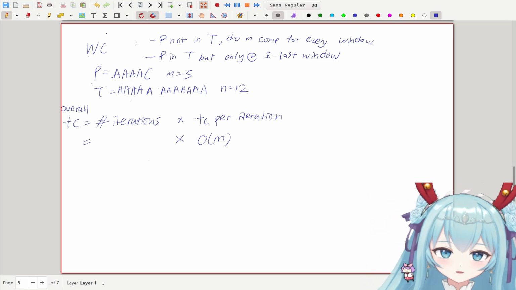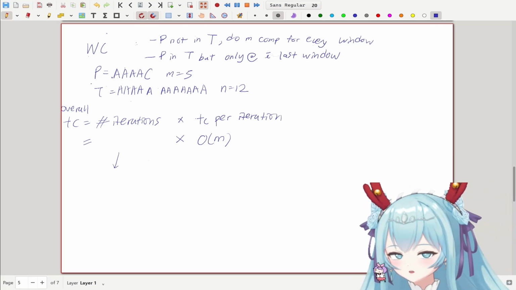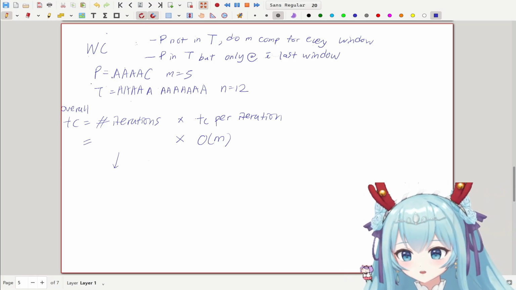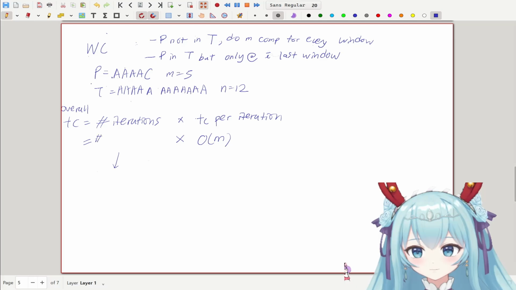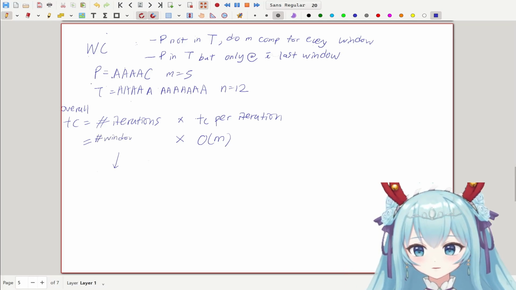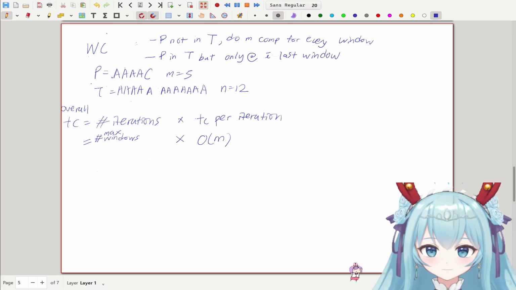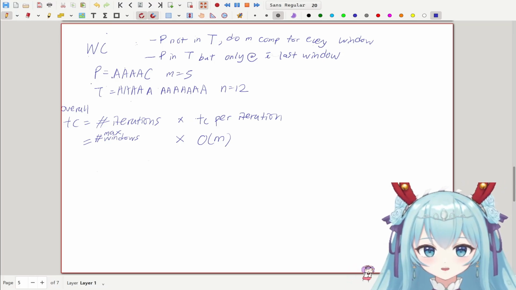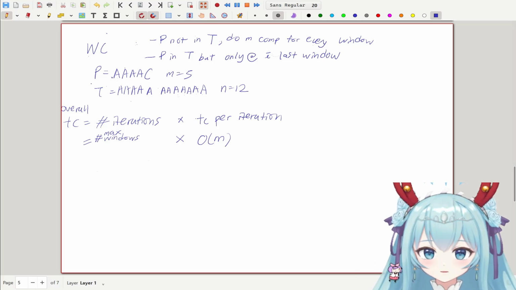So how do we find the number of iterations? The number of iterations is the maximum number of windows. So what's the maximum number of windows? If we see over here, there's 1, 2, 3, 4, 5.